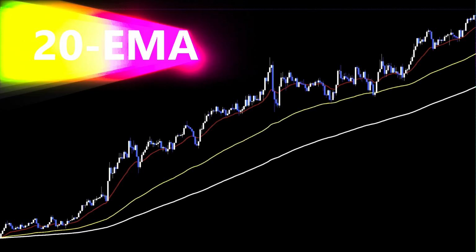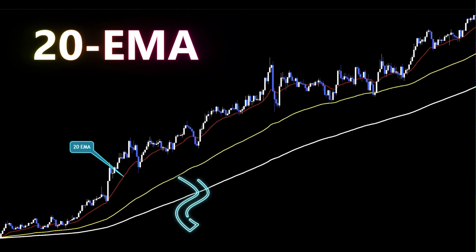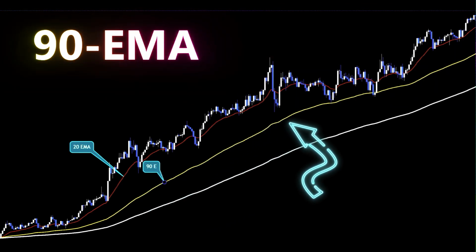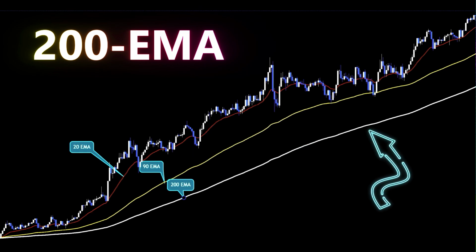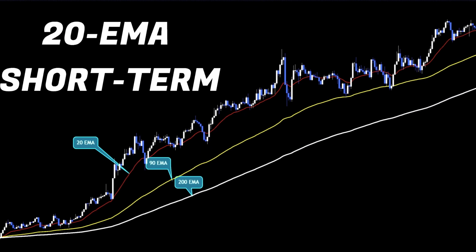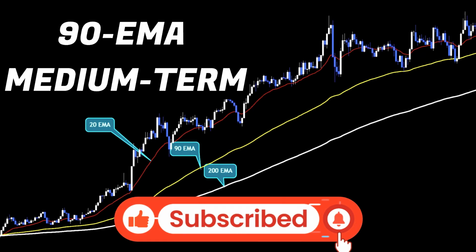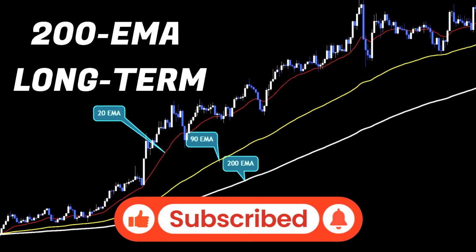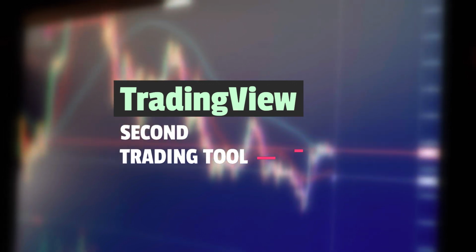So now you've got a 20 period EMA, a 90 period EMA, and a 200 period EMA. The 20 EMA follows short-term price moves, the 90 EMA tracks medium-term trends, and the 200 EMA gives you a longer-term vibe. But now I want to add another tool to help you nail your trades.